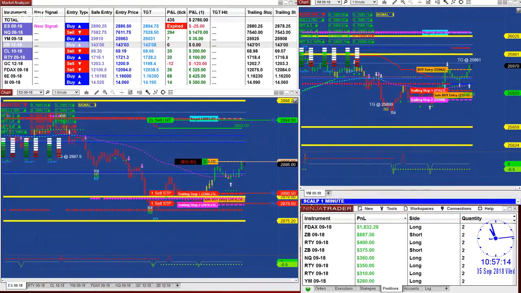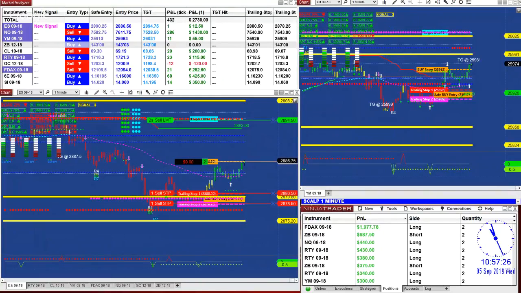Now on the pullback, this is for the guys using the auto trade, which is going to take those trades without a doubt. But this is a trick for my traders. You can do that, using two contracts on the signal. I will play it differently. Or if you have more money, I will also do it differently.